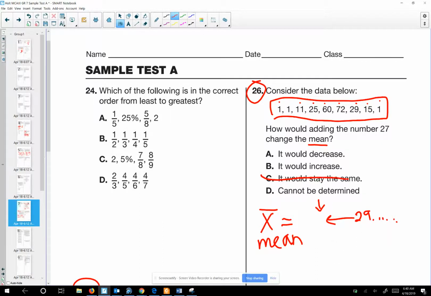It's not going to stay the same. And yes, you can determine it. So it's one of these two. Is your average smaller than 27? Is it like 23 point something? If it is, and you add another value in that's bigger than this, it's going to pull the average up. If it's bigger, it's going to pull it down. So you decide after you determine what that value is.